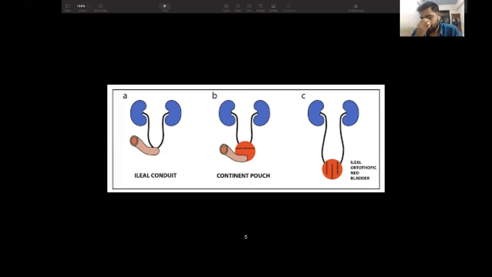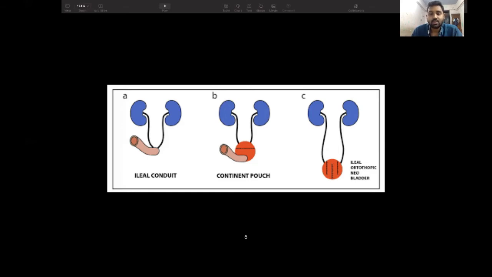So after you have understood the terms heterotopic and orthotopic, you should understand the two broad categories of urinary diversion. One is cutaneous diversion, and one is orthotopic neobladder.